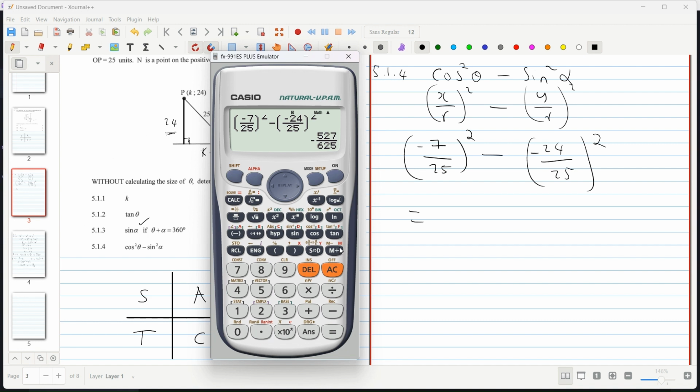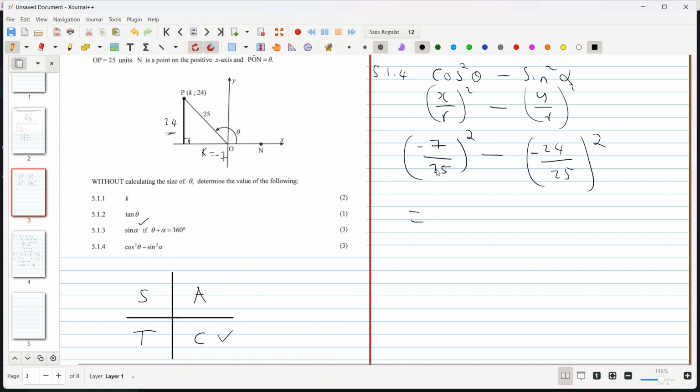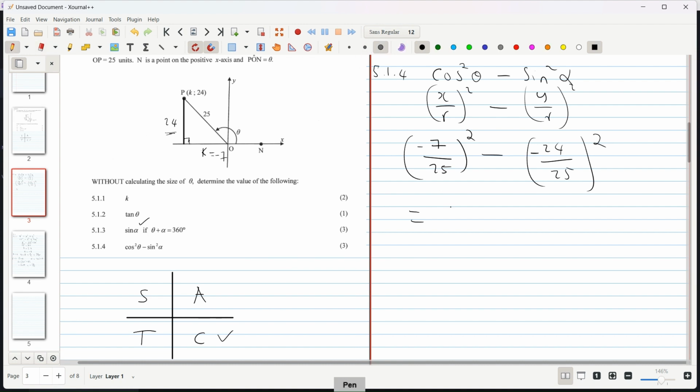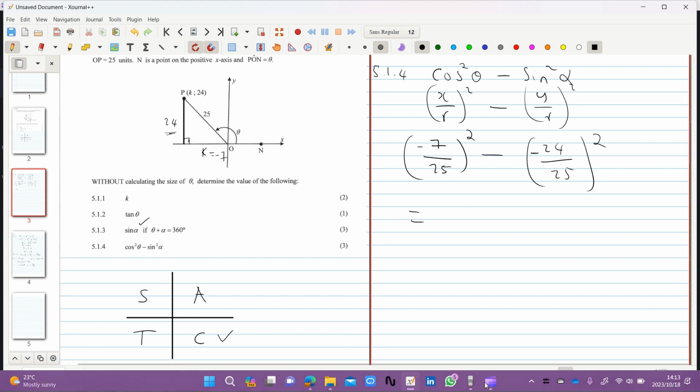So this will be our final answer. But in this case, we are not supposed to use the calculator, as it was stated. Without using the calculator, we know these are perfect squares, right? You can verify with your calculator, but you should not use it.